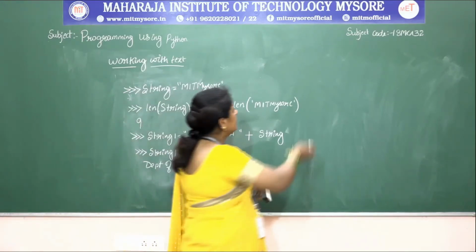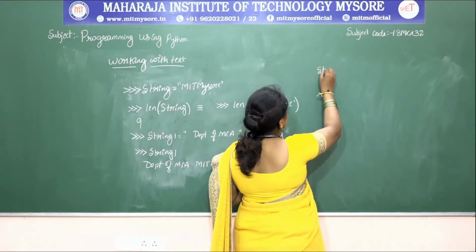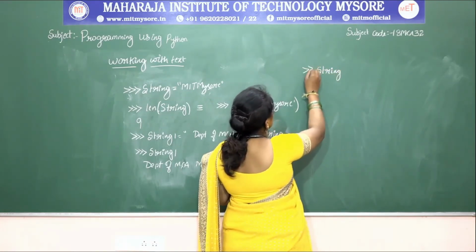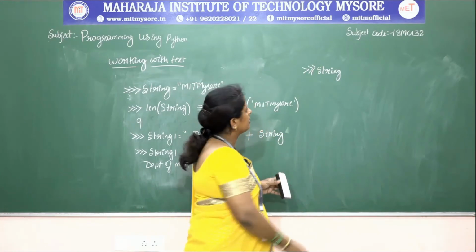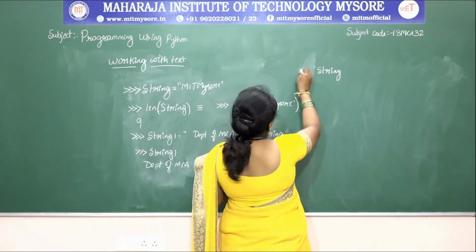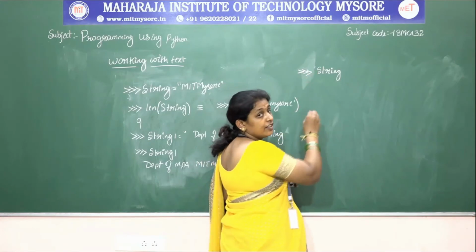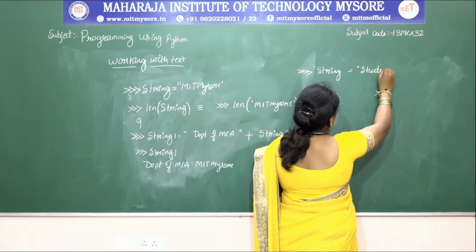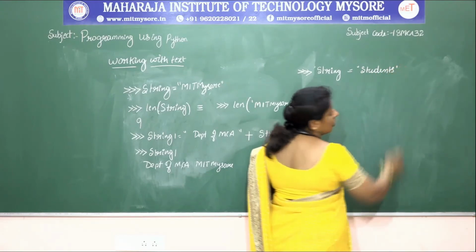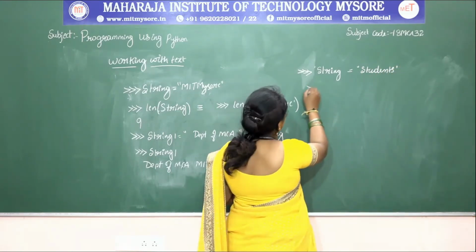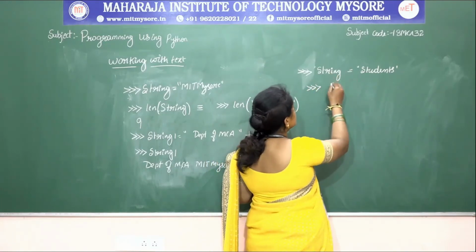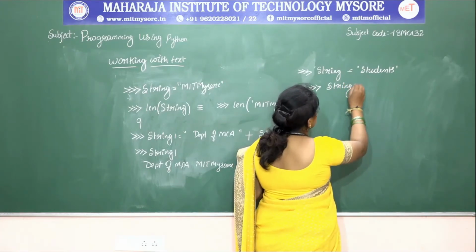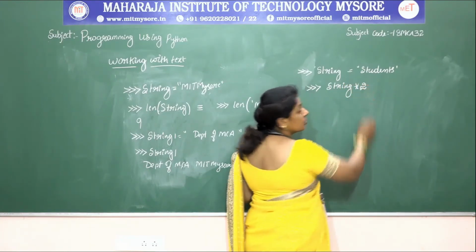Let's take one more example with respect to the multiplication operator. Here I am considering a string with the value "students". I am performing the multiplication operation on this variable: string multiplied by 2.